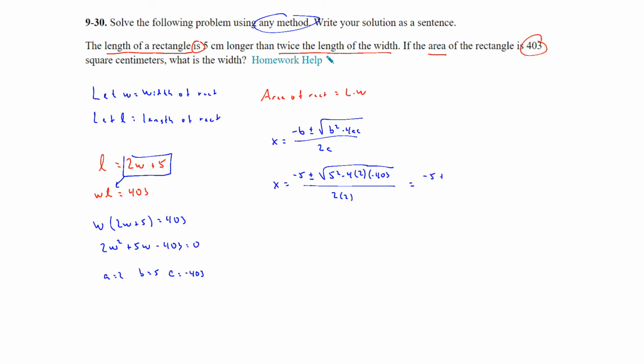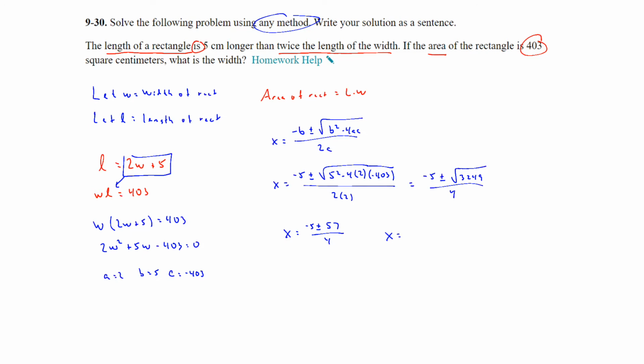So that's equal to negative 5 plus or minus. I'm just going to plug that whole thing into the calculator and see what I get underneath the square root. I get 3,249 divided by 4. And then we'll check to see if 3,249 is a perfect square, and it is. So we get x equals negative 5 plus or minus 57 divided by 4. And then we'll go ahead and split it off into two parts.